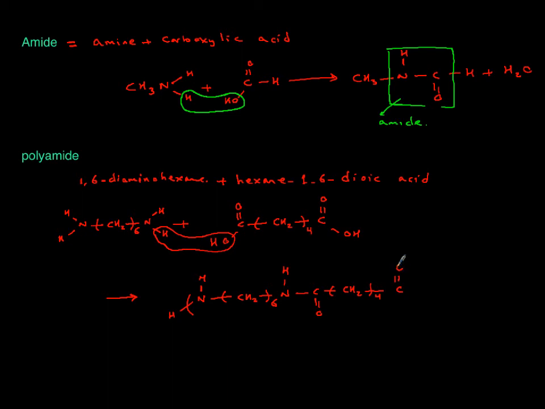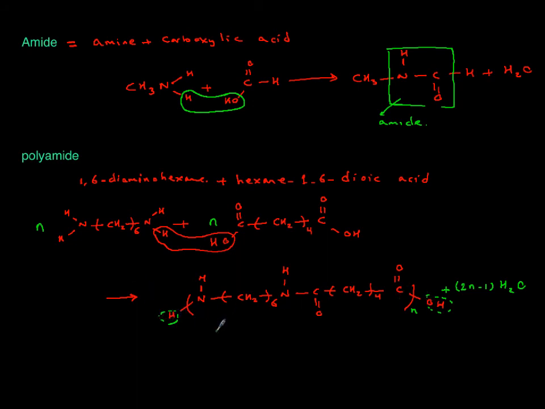Then C double bond O, OH, and I put this outside. So if you have n molecules of this monomer and n of this, you're going to form n of this plus 2n minus 1 H2O. So these functional groups do not need to be shown anymore because we are showing one segment.